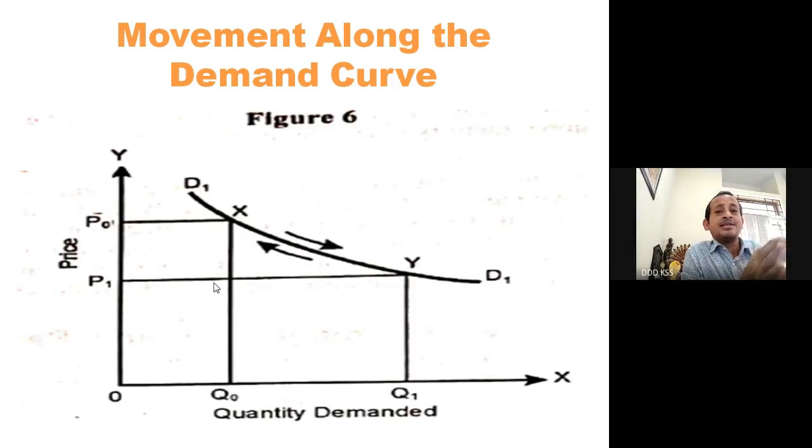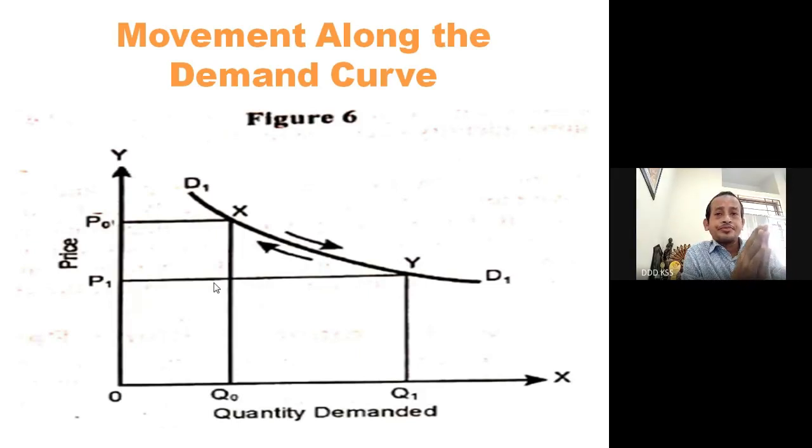Now, as I said, the basic law of demand is a relationship between the quantity demanded and its price. Its price means commodity price or good price.